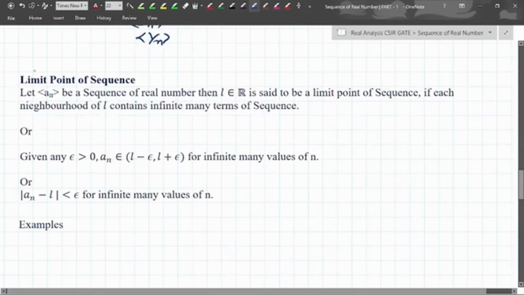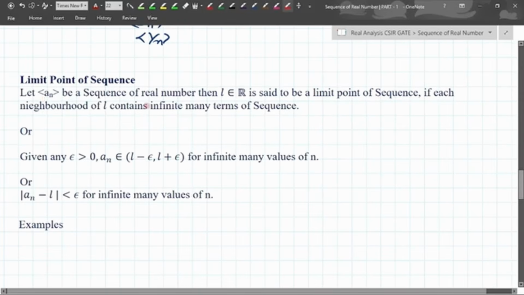Now we'll discuss the limit point of a sequence. What is the limit point of a sequence? We have already discussed that. A limit point of a set means if there is any cluster, a collection of infinitely many points, that is called the limit point.